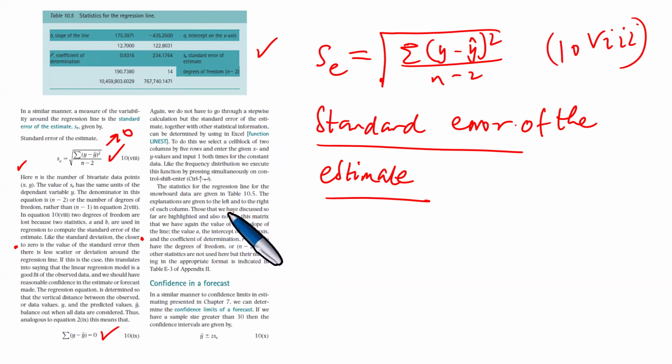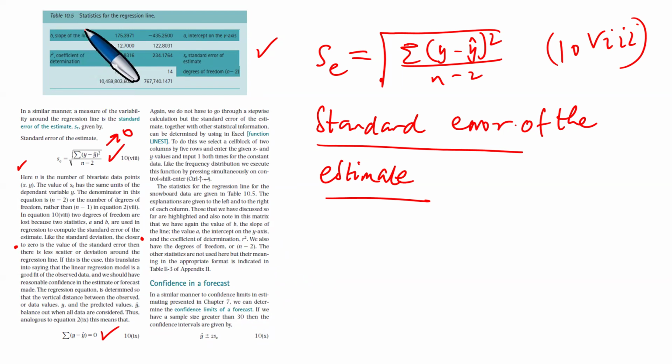Those that we have discussed so far are highlighted, and also note in this matrix that we have the value of b, the slope of the line, the value of a, the intercept on the y-axis, and the coefficient of determination r squared. We also have the degrees of freedom, or n minus 2. The other statistics are not used here, but their meaning is indicated in table E3 of the appendix.